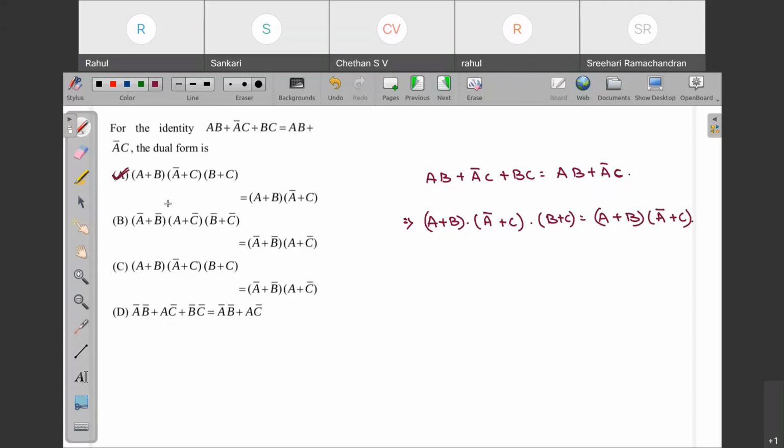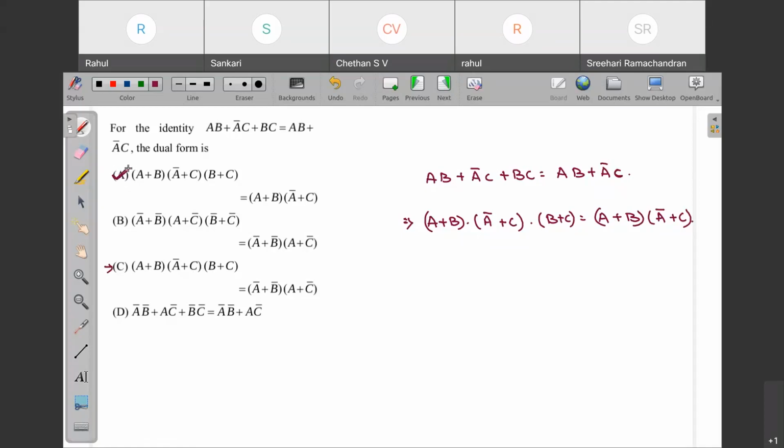Option A. Now one thing to note is that whenever you get this kind of question, take proper care to scrutinize the options. Look at option A and option C. If you see the left hand side, both of them are the same.